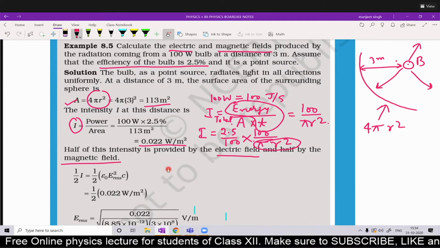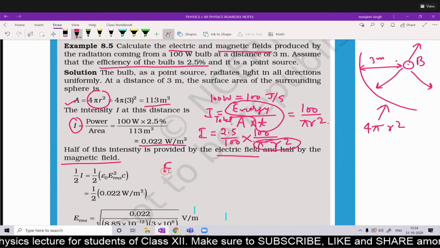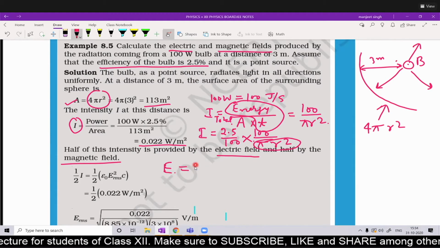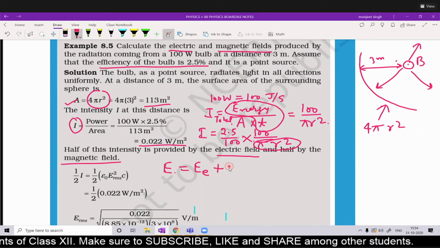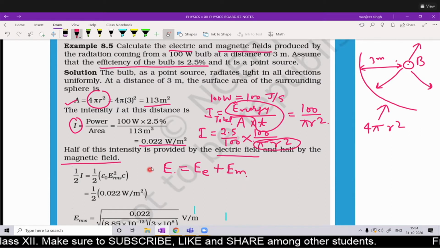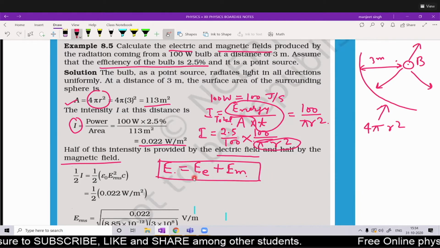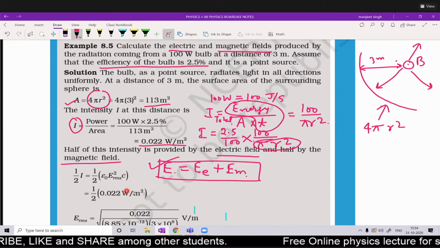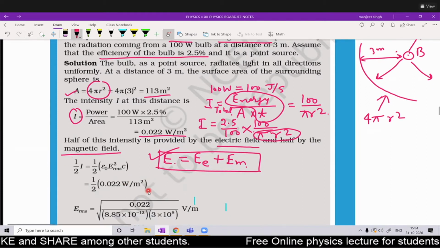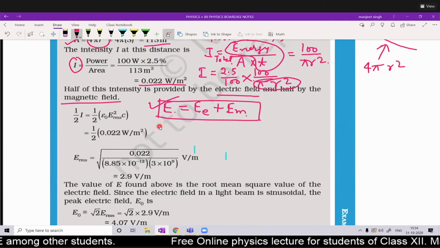So the total energy is energy due to electric field plus energy due to magnetic field. Electric and magnetic field both constitute 50-50%. That constitutes the total electromagnetic energy. So they have used this formula, epsilon 0 E rms square into c. Let us see where this formula comes from.